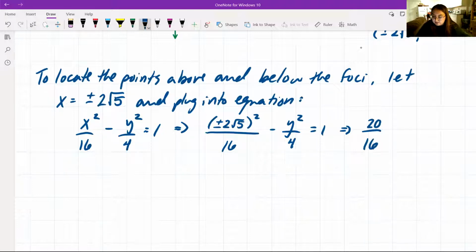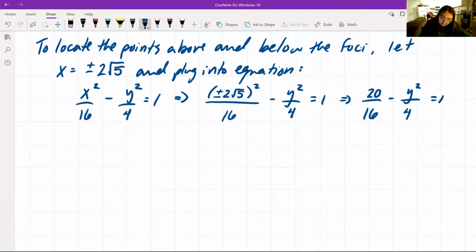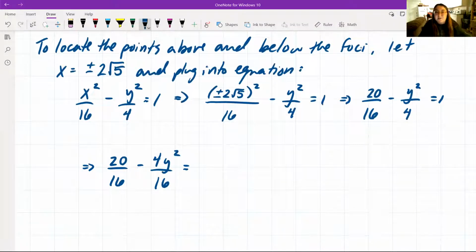So we have 20 divided by 16 minus y squared divided by 4 is equal to 1. Now I'm going to simplify this and solve for y squared. To solve for y squared in this case, we want each value to have the denominator of 16. So we're going to have 20 over 16 minus 4y squared over 16 is equal to 16 over 16.